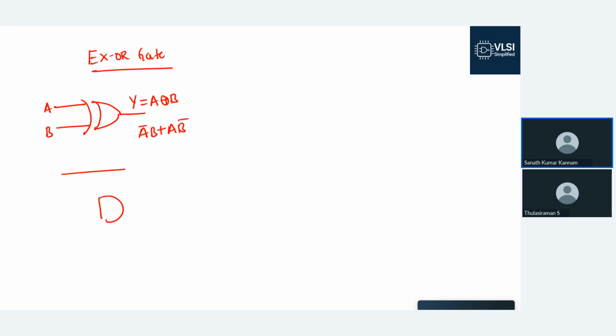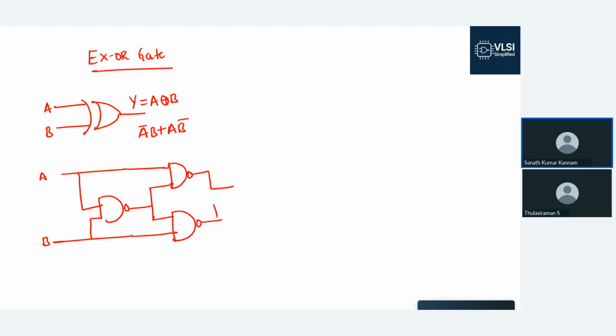So here, A bar B plus AB bar. You take one NAND gate, XOR gate by using NAND gate. So here this is A and this is B. This is given to one more NAND gate, and this is given to one more NAND gate.